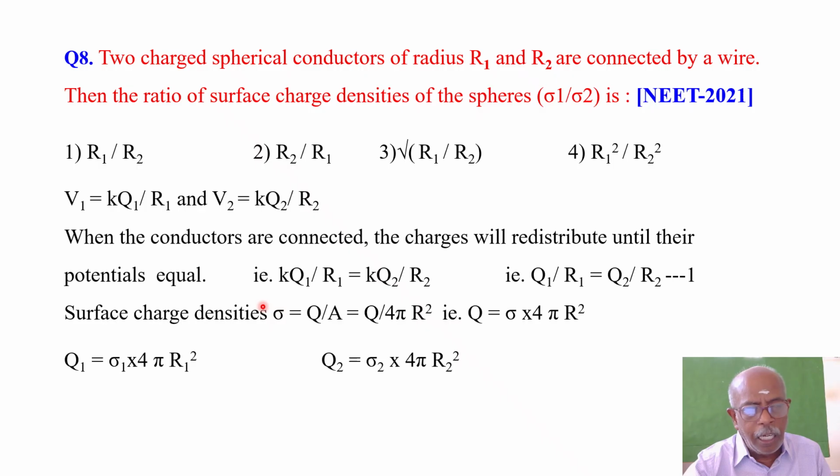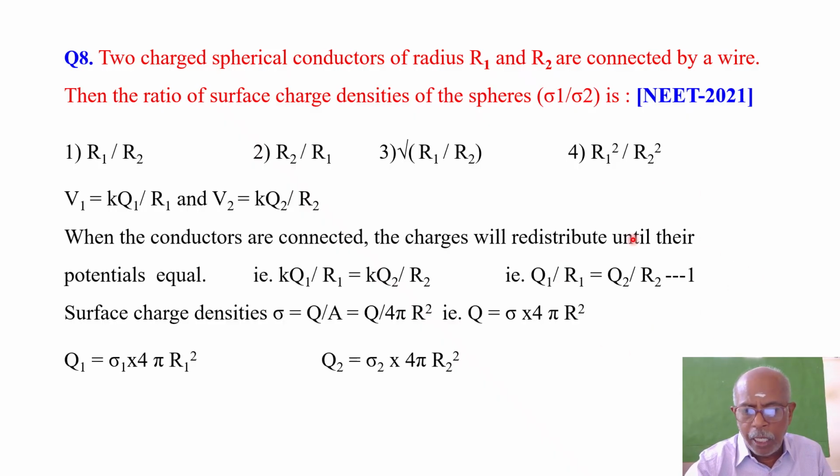That means after redistribution, V1 will be equal to V2. Instead of V1, put KQ1 by R1, and instead of V2, put KQ2 by R2. You can cancel K on both sides. Then you will get Q1 by R1 is equal to Q2 by R2. Let it be equation 1.